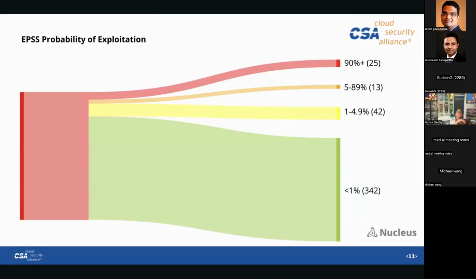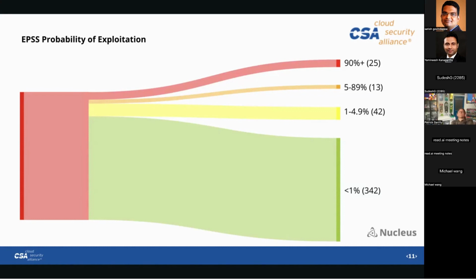To break down some examples, in regards to giving examples as far as how this data flows, on the left-hand side, this was all CVEs that were rated on CVSS version 3.1 as a 10, which is the highest score. And we can see here on the right-hand side, the EPSS probability of exploitation.